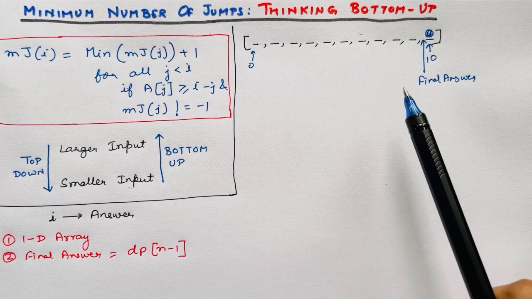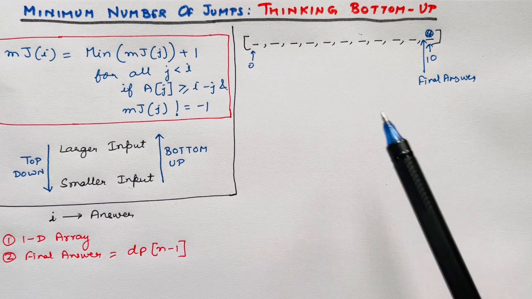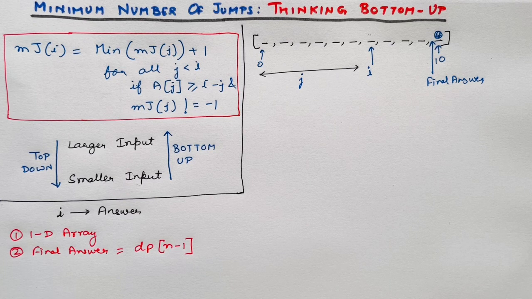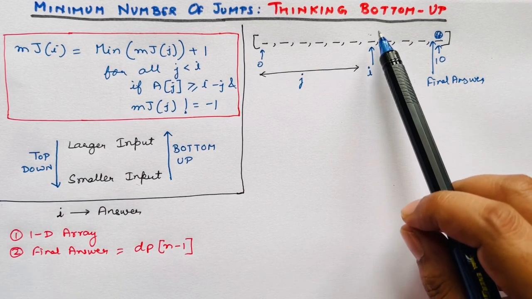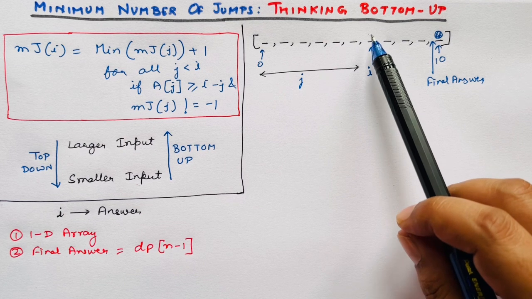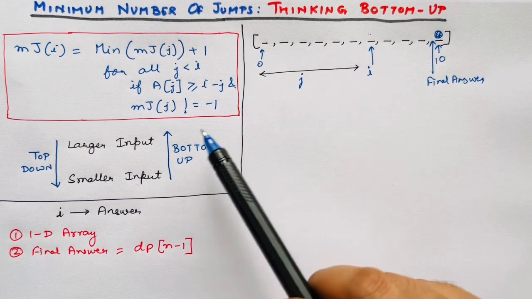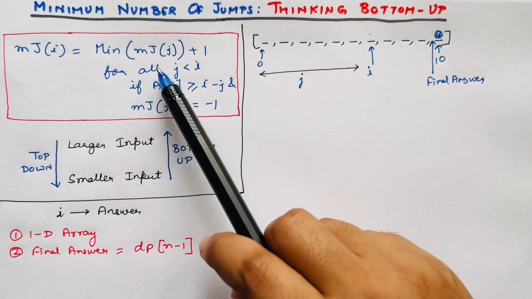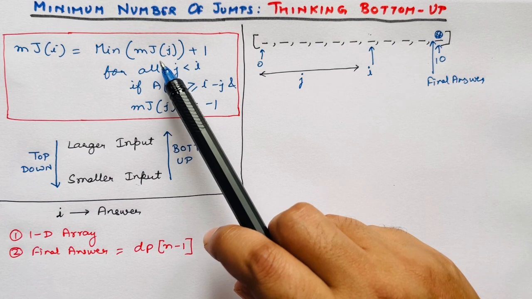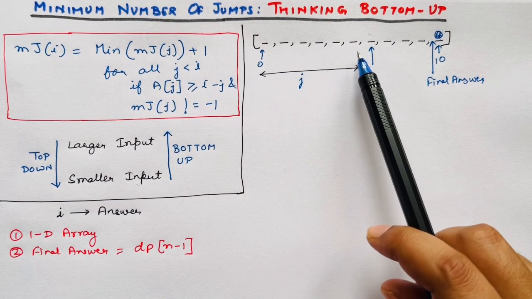But how do we fill this array? Let's see how we fill the value at any position in this array. Let's say we want to fill the value at this position. That means we want to fill the value of minimum number of jumps required to reach the index I. Now, as per the recursive relation, what all information do we need? We need this information, minimum number of jumps to reach j. That means we will have to fill all of these values.